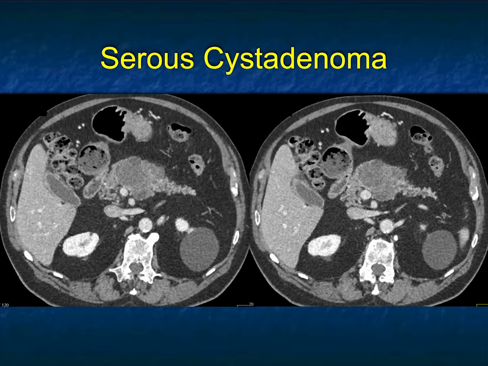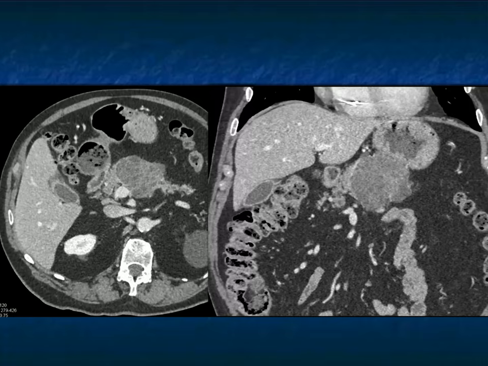Another lesion, body of the pancreas, it's cystic. The distal tail is atrophic. There's a dilated pancreatic duct. Yes, this has septations, but could I be dealing with a tumor? There's no vessel invasion, but there's compression. But again, when you start looking at the coronals, you can really appreciate the cystic spaces.